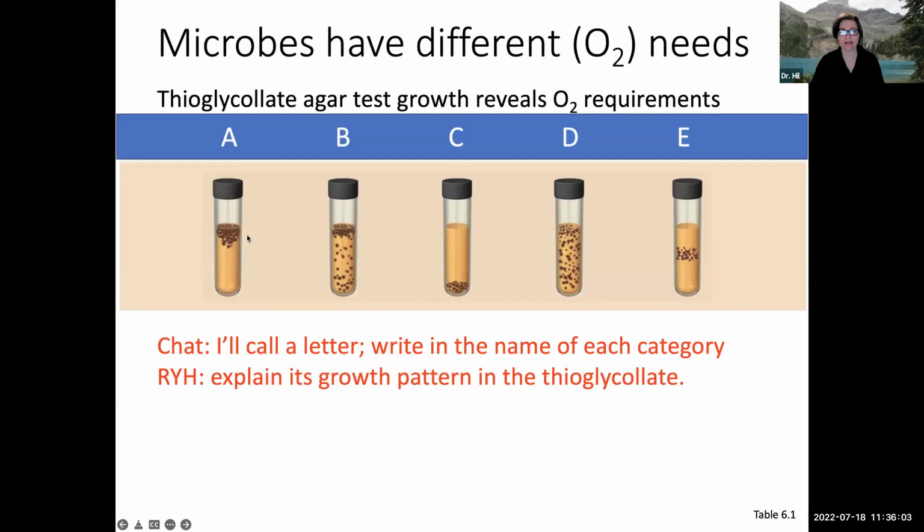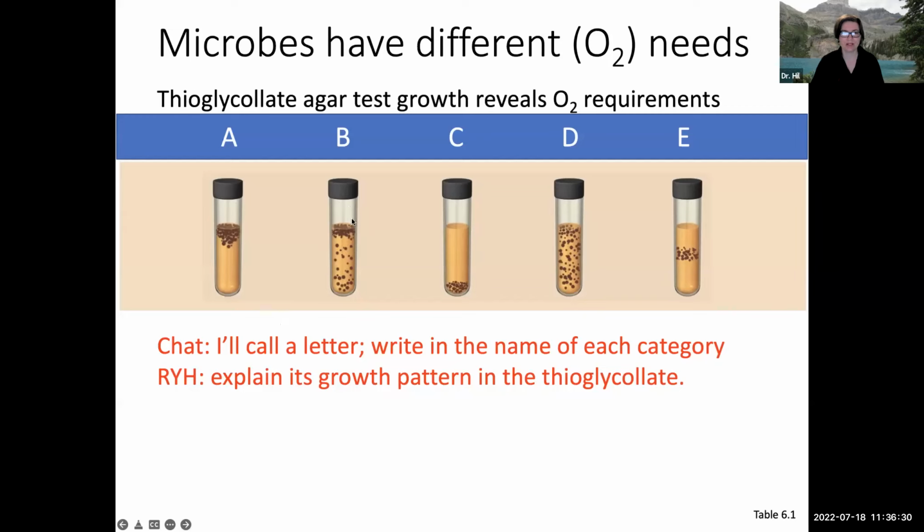They're clearly growing in oxygen, but not without it. That's right. This is an obligate aerobe. It has the ability to use oxygen in its metabolism, and it doesn't have any backup strategy.